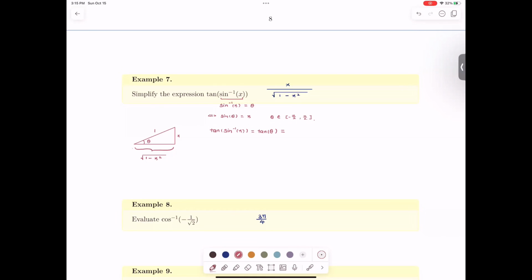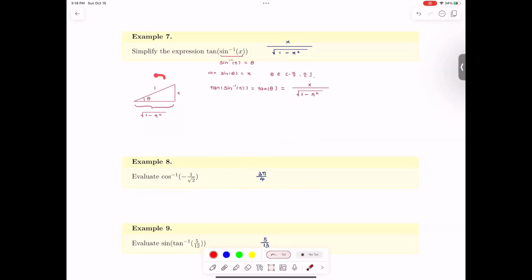In this triangle, what's tangent theta? x over that. Okay, but we're not done yet. x over square root of 1 minus x squared. Where is this coming from? Because I know sine theta is x, so I can create a special triangle.